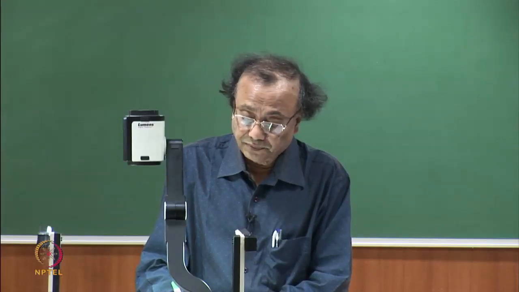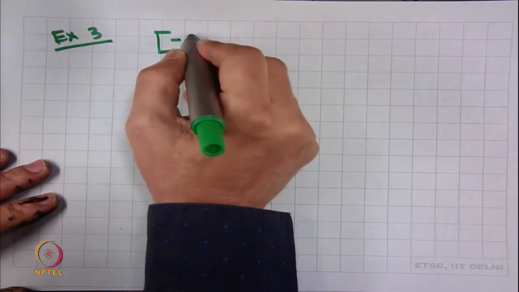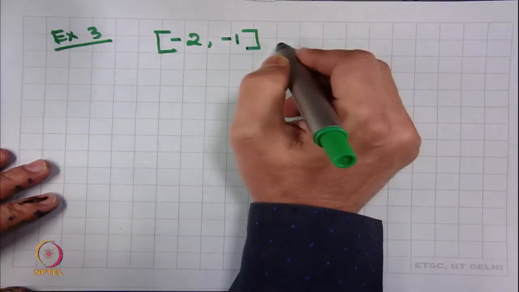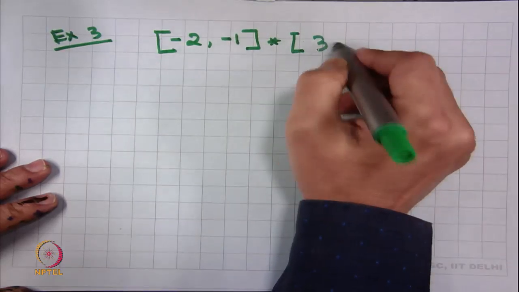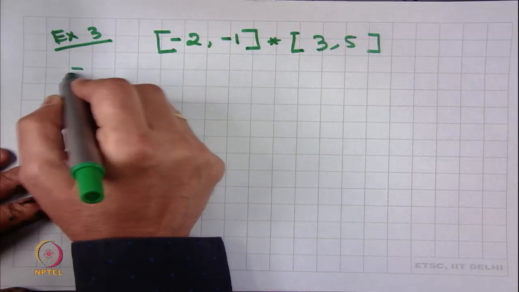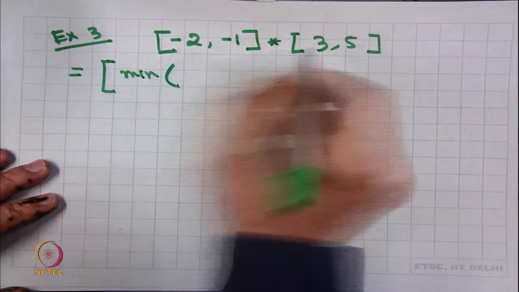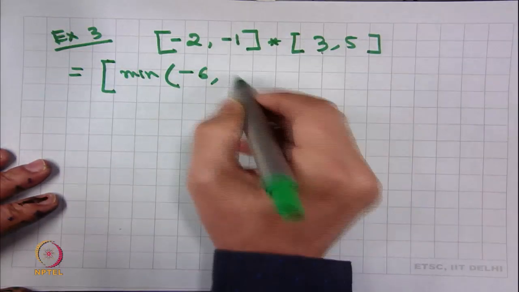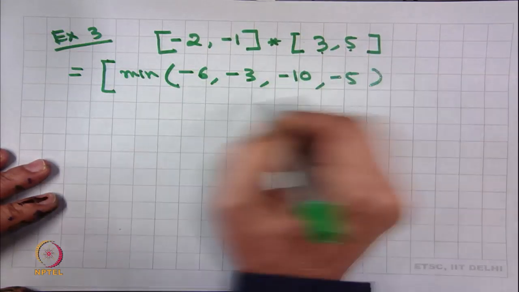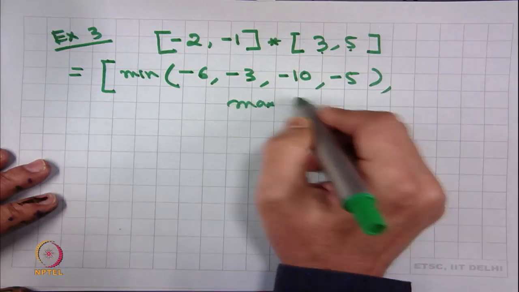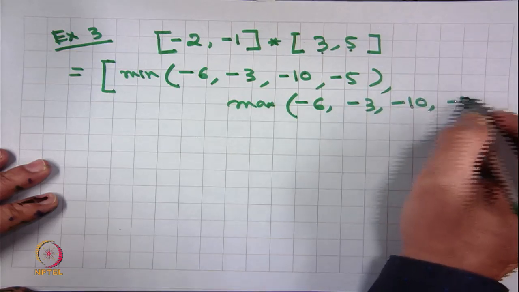A third example: what is [minus 2, minus 1] times [3, 5]? This is equal to minimum of minus 6, minus 3, minus 10 and minus 5 to maximum of minus 6, minus 3, minus 10 and minus 5.